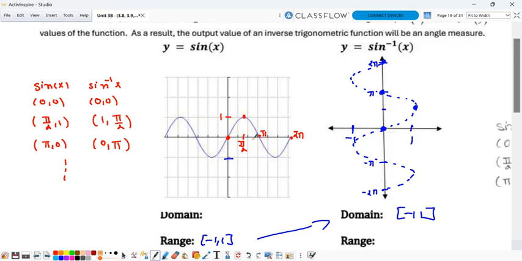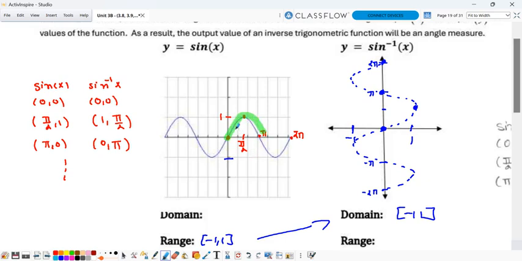The question is, is this a function? Clearly, it does not pass the vertical line test, so it's not a function. To make a function, we have to restrict this graph. We have to restrict the domain of sine so that it is 1 to 1. To make it 1 to 1, you have to choose a portion of the graph.